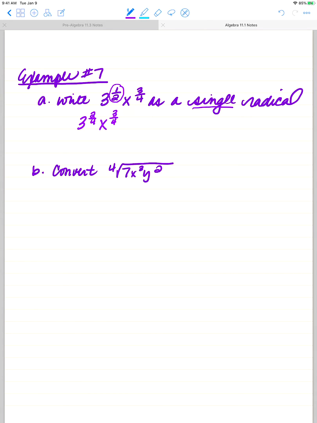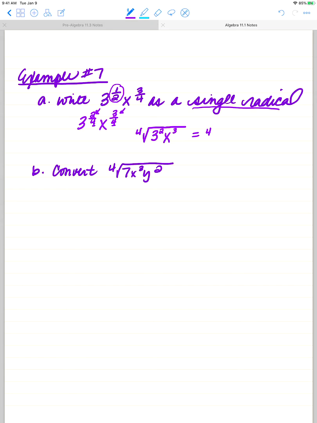Because we need a single radical, so we need a single root here. So the index of our root for this one, our denominator, is now the same. So the index of our root is 4, and that's going to be the 4th root of 3 squared times x to that numerator, x cubed.